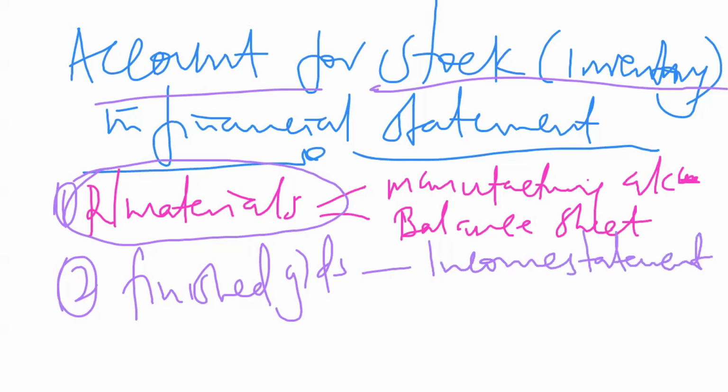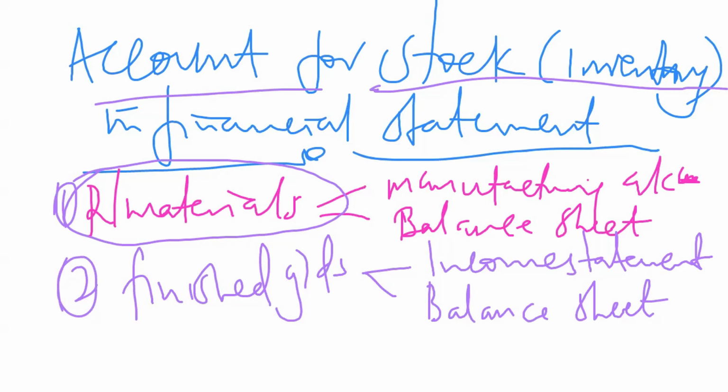And at the same time, the closing stock of finished goods will also be in our balance sheet. So we couldn't show anything to do with the finished goods in our manufacturing account, because that would mean that we are manufacturing it again, yet it is already finished goods.